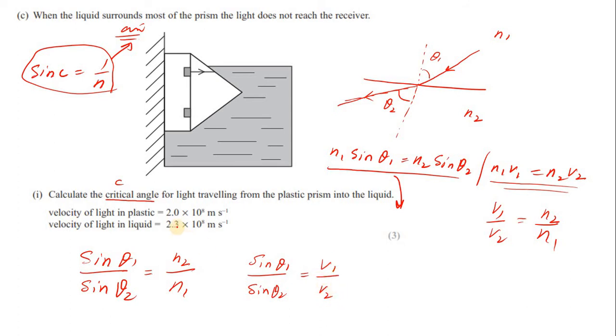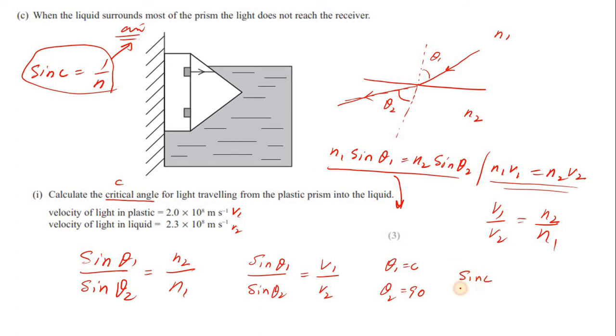And now, because we need to find the critical angle, theta 1 is the critical angle and theta 2 must be 90 degrees. This is v1 and this is v2. You substitute the numbers here, and then you can have sine c upon sine 90.